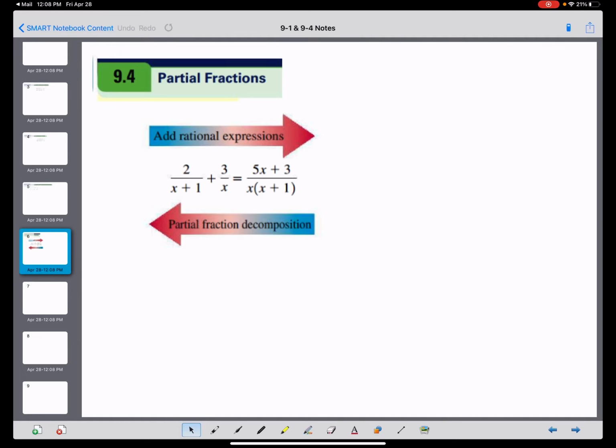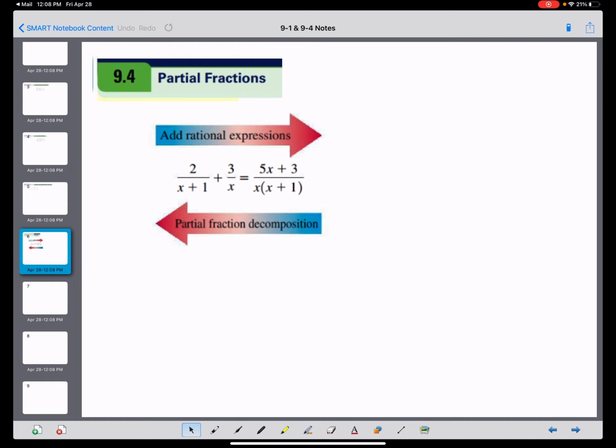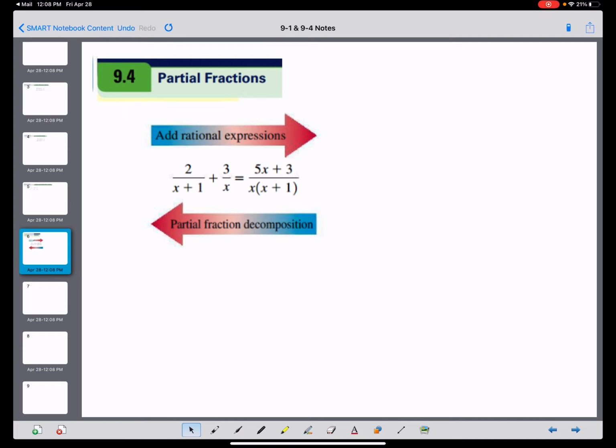Partial fraction. So if you think about when you add fractions together, you take one fraction, add it to another fraction, and you come up with a larger fraction or a rational function, right?